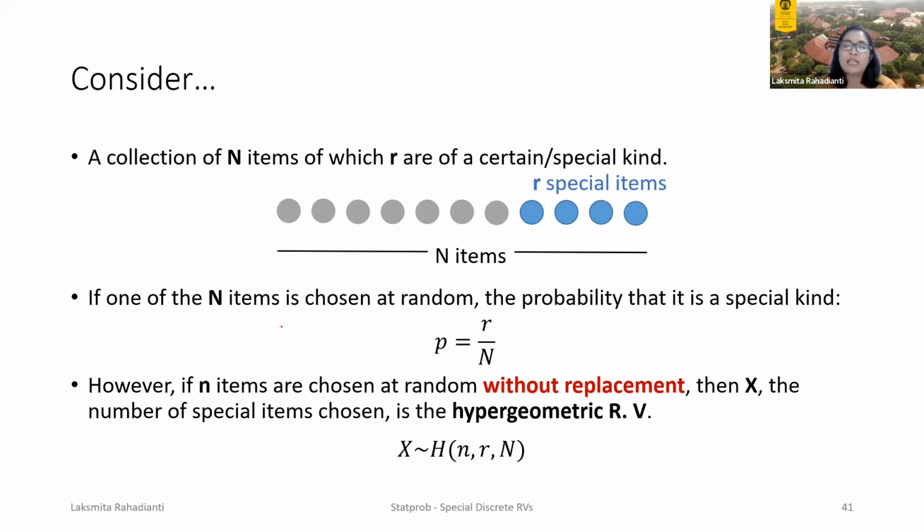In this case, we can say that X follows the distribution of a hypergeometric random variable with N. Here n is the number of trials, or the number of times I take the object. R is the number of special objects, and N is the number of all objects.